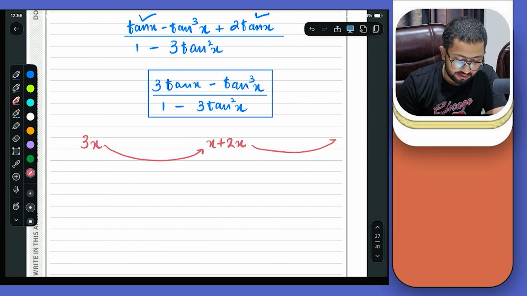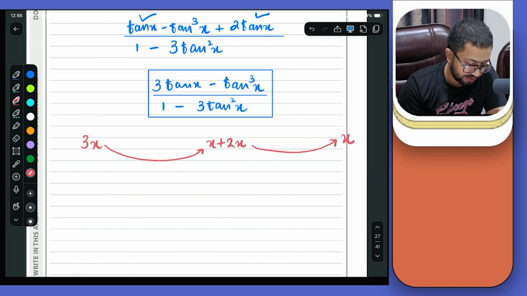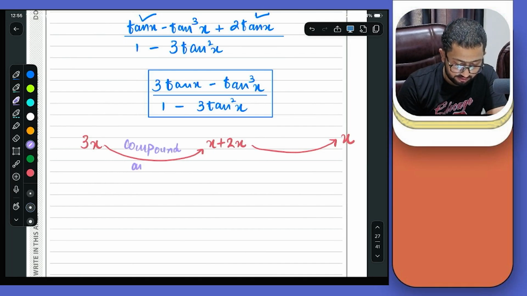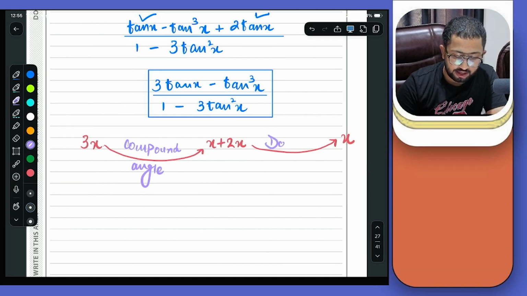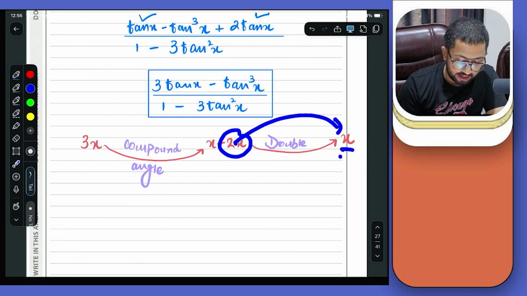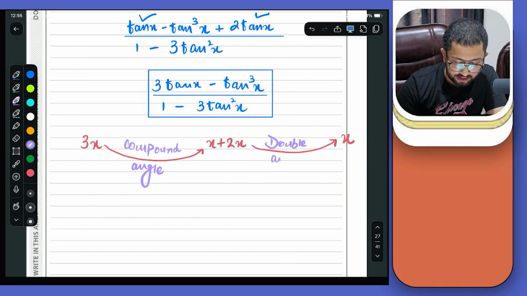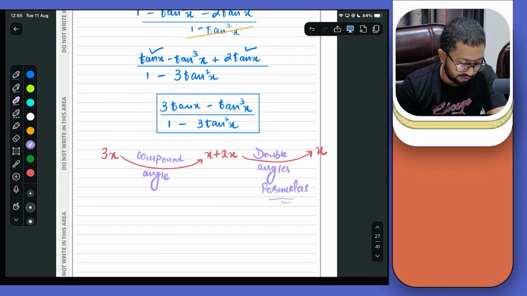Then you have to convert x plus 2x angle further into x angle. First you need to apply compound angle over here, then you need to apply double angle. If you want to convert double angle into single angle, then you need to apply the double angle formulas. You will get the answer automatically.